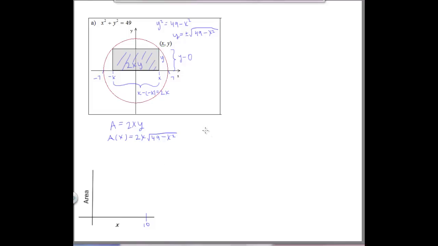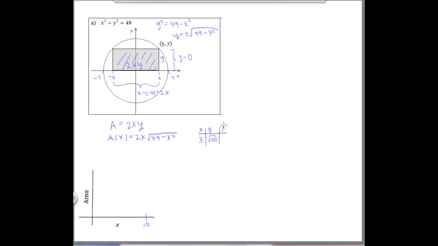If I set up a little guess and check table for a reasonable value for x, x has to be less than 7, so I'm going to guess 3. And y is equal to the square root of 49 minus x squared. 3 squared is 9, and 49 minus 9 is 40, so y will be the square root of 40.